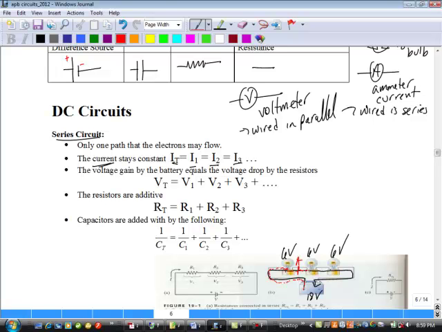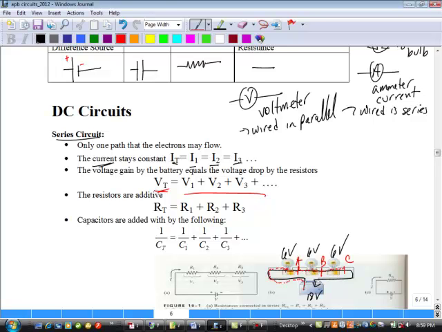Then I go through this next resistor. How much is going to get used up? Another 6. So I'm here at point B. What do I have left? I have 6 left. As it goes through here, it has 0. So then at C, I'm down to 0 volts. It goes through the battery, gets charged back up, and around. So what this shows me is the voltage provided by the battery has to equal the voltages through each resistor.